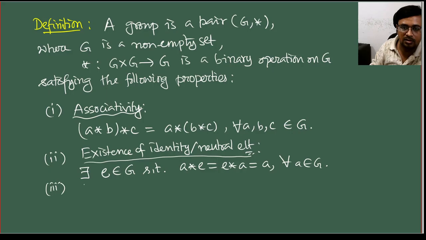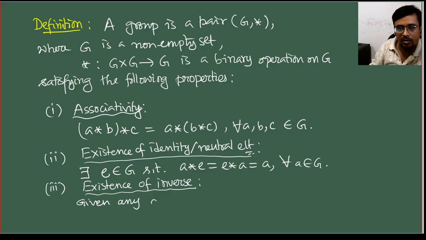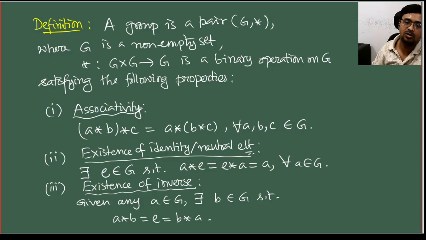The third property is the existence of inverse. Given any A in G, there exists B belonging to G such that A times B equal to identity equal to B times A. In this case, B is called the inverse of A and it is denoted by A inverse.